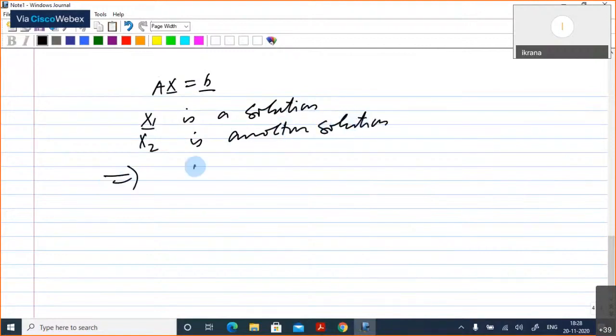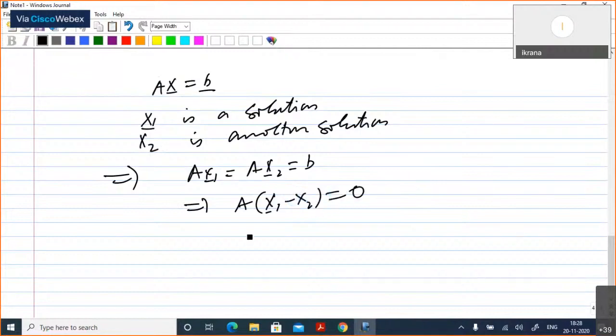That implies Ax1 is equal to Ax2, both equal to b. So that implies A applied to x1 minus x2 is equal to 0. So if x1, x2 are solutions of the system, then x1 minus x2 is a solution of the homogeneous system.